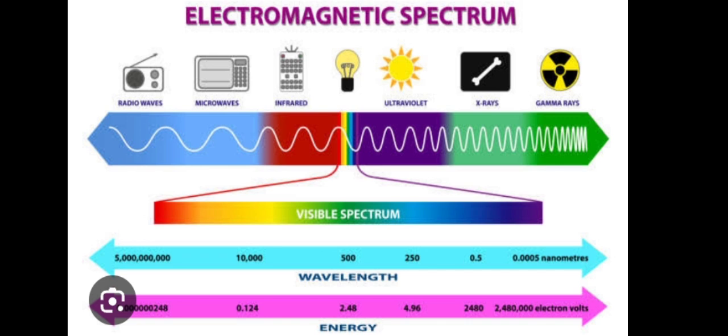Third is infrared radiation, used for heating, thermal imaging, and night vision. Fourth is visible light, the visible part of the spectrum, including the ROYGBIV colors: red, orange, yellow, green, blue, indigo, violet.